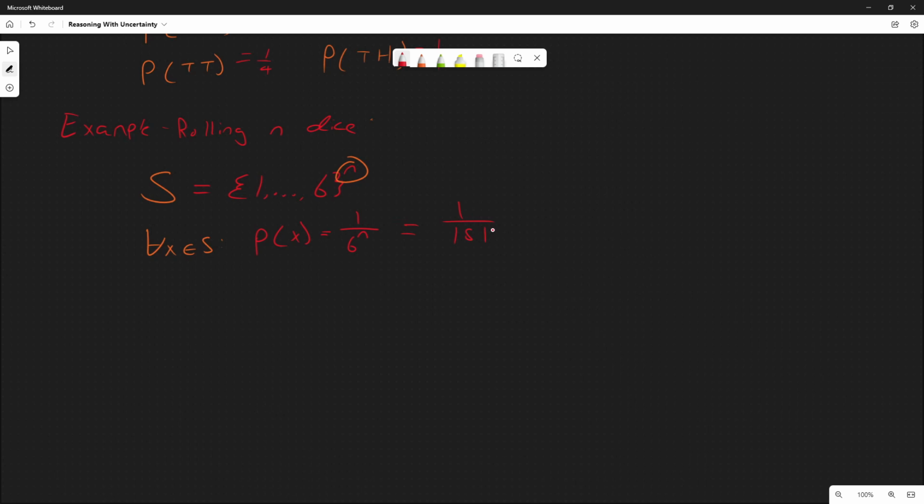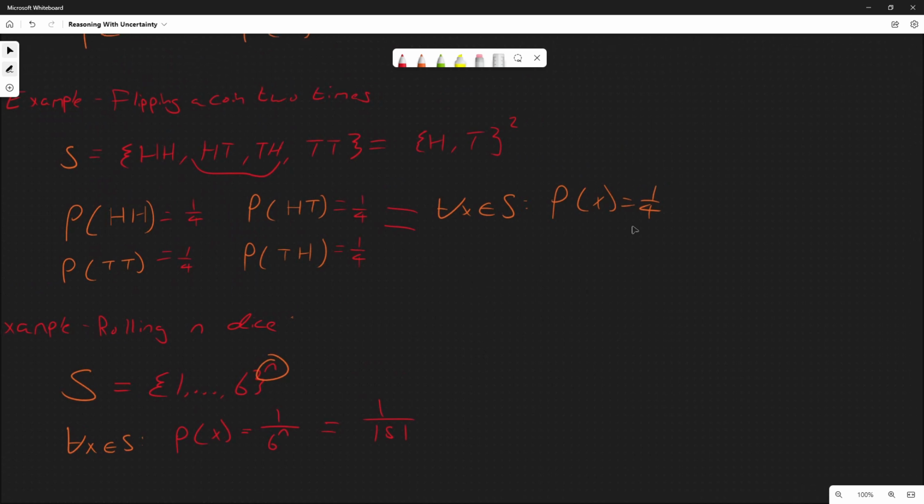And of course, why is it 6 to the n? Well, above, when we were doing 1 over 4, why is it 4? That is because we have 2 possible outcomes, H or T, as we see here, 1, 2, and we have each one done twice. So we call this k, and we call this n.